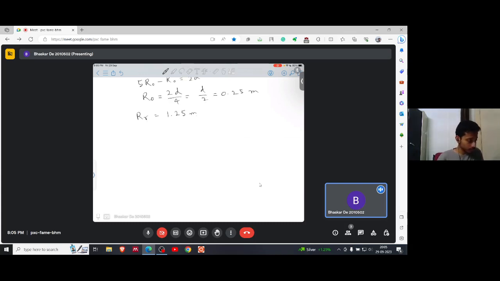Now we'll calculate the Fresnel number, that is denoted as N equivalent, equal to M minus 1 by 2M squared, times a squared by lambda d.